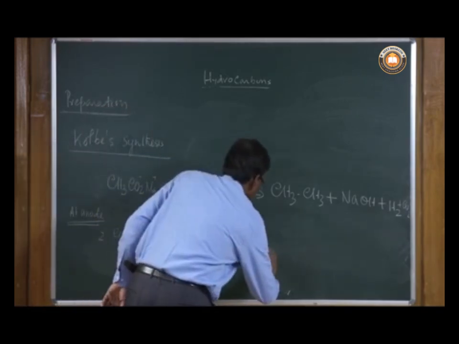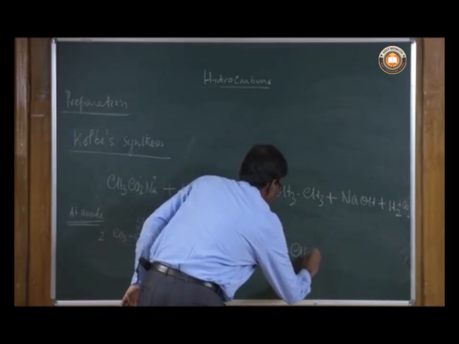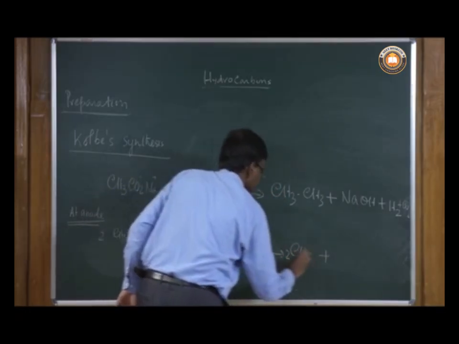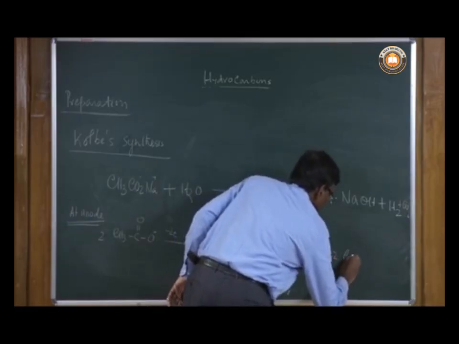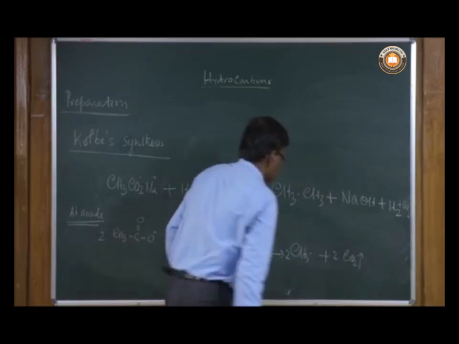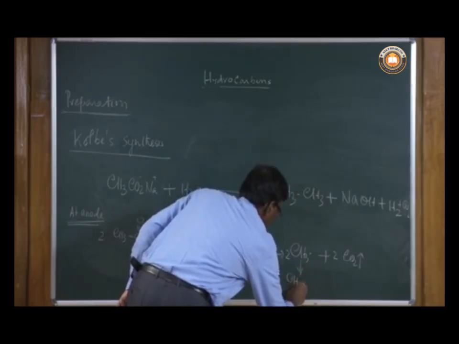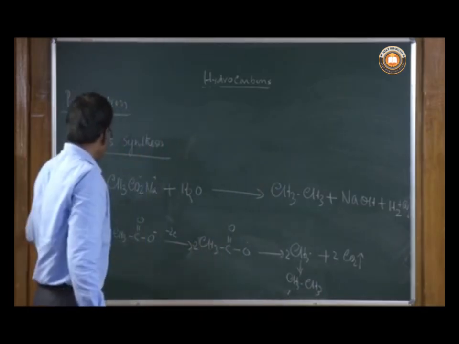This radical can release carbon dioxide, you generate the methyl radical, two methyl radicals. These two methyl radicals combine together, and you generate the ethane. This is what happens at the anode.